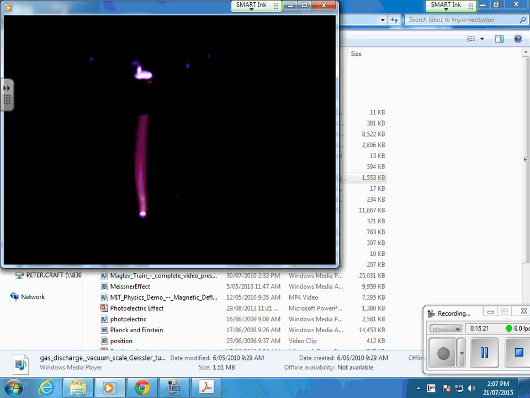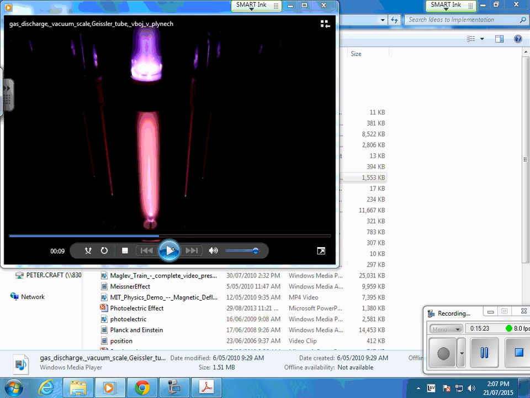So, I'll stop this. What you've got there is some gas in there. What he's doing is pumping the oxygen out using a vacuum pump, and watch what happens as he does.